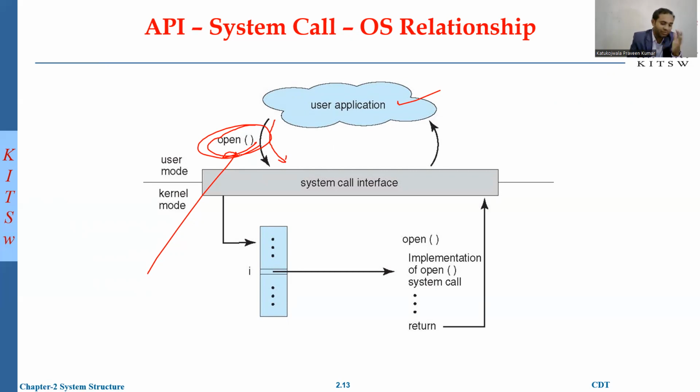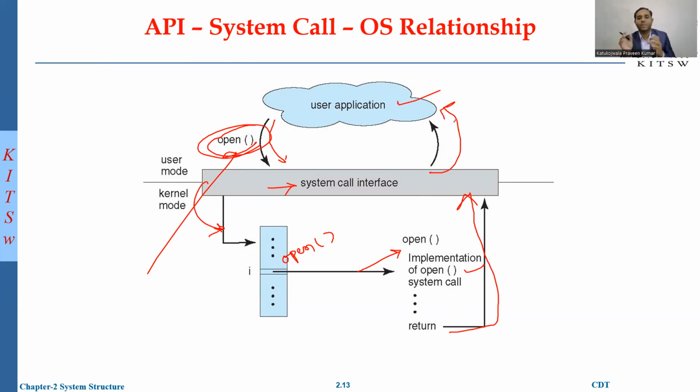User mode is the interface where you are actually working. Whenever this open system call is called, your system will, by using the system call interface, enter into kernel mode, check that particular open system call, and implement it. Whatever the output of this open function gives will be returned to the system call interface. The system call interface will give the output to the user application.